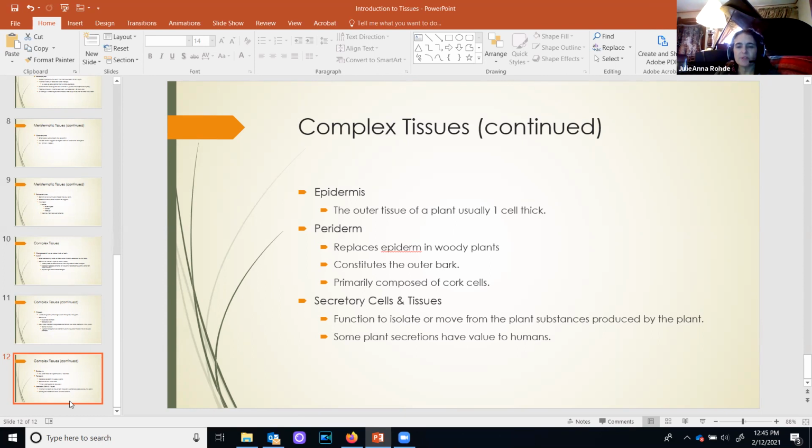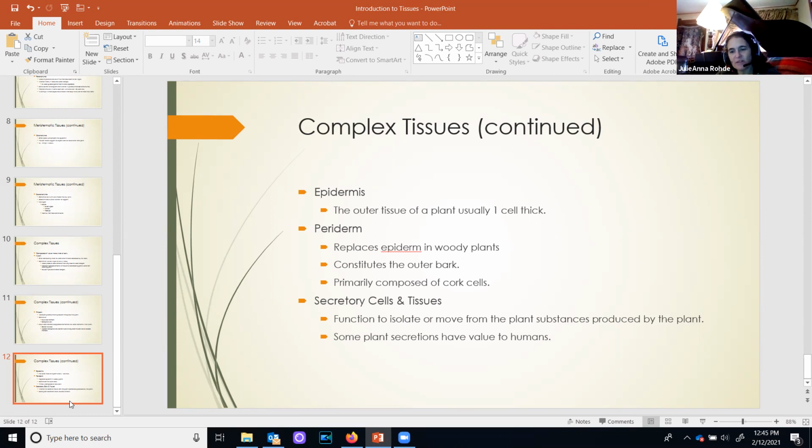Those things have to be moved somehow, so these secretory cells are what's going to help move those substances around. And some of these plant secretions have value to humans. We'll talk more about those when we get to those particular plants.